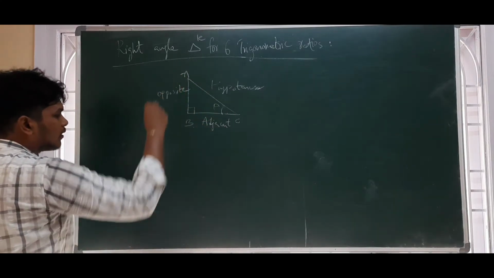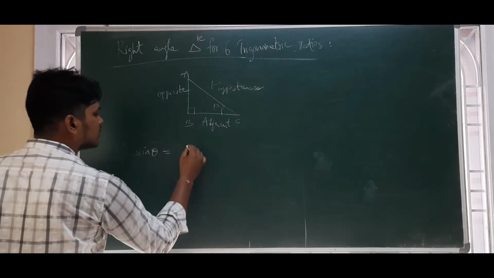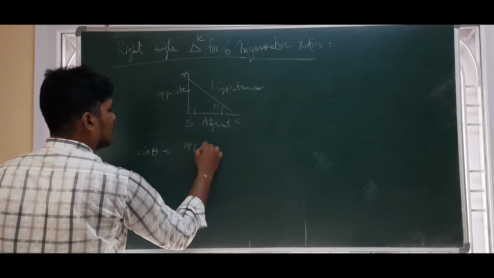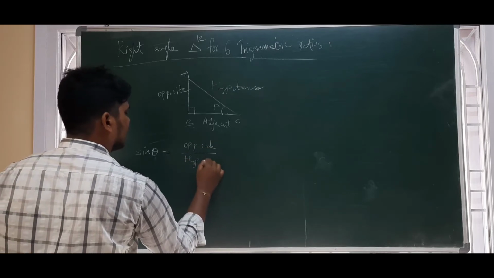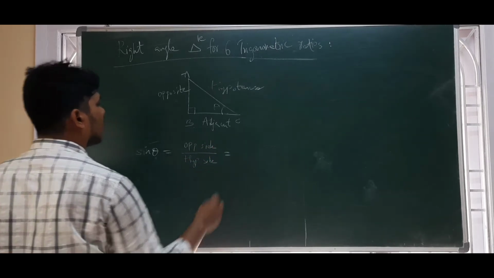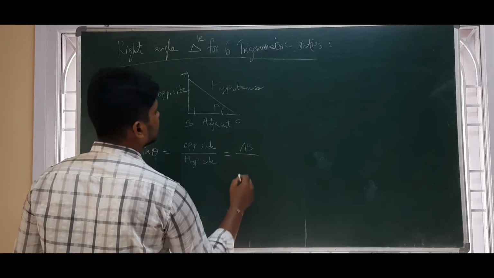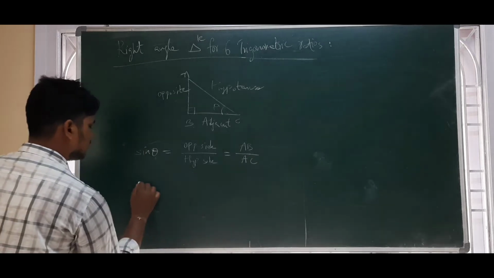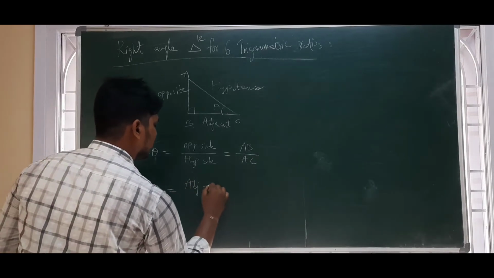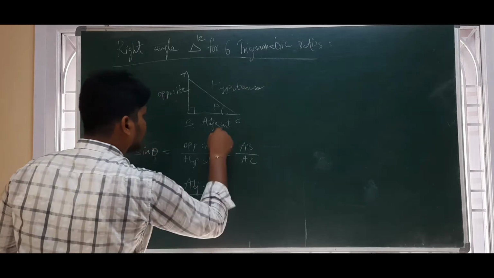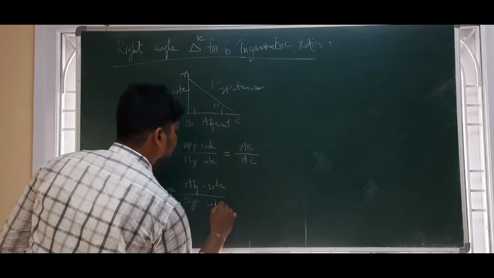And now, applying this for trigonometric ratios, sin theta is opposite side by hypotenuse side. Opposite side means AB, hypotenuse is AC. Cos is adjacent side by hypotenuse side.